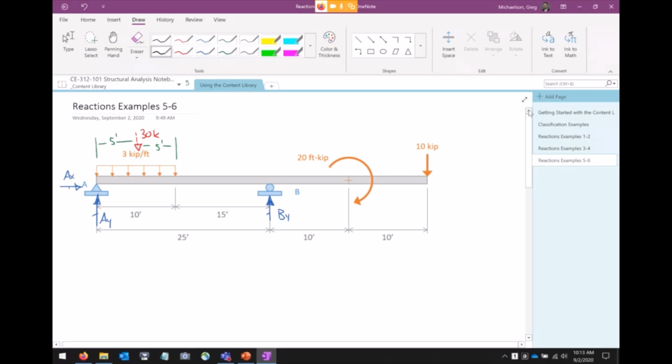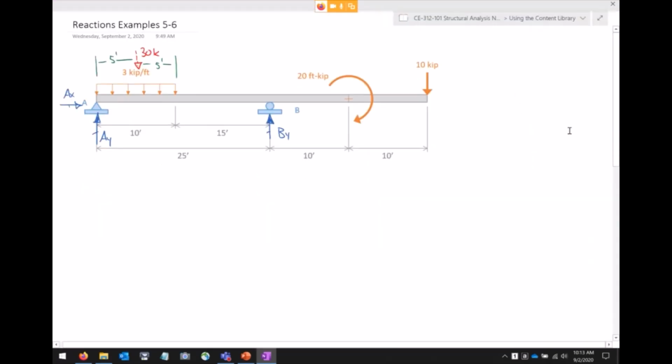Okay. Let me go ahead and make the page a bit bigger so that we can see more about what's going on. All right. So we've got 3 reactions we need to solve for. I'll tell you that the concentrated moment in no way, shape, or form affects, for instance, your horizontal reaction. You're not going to handle that any differently.